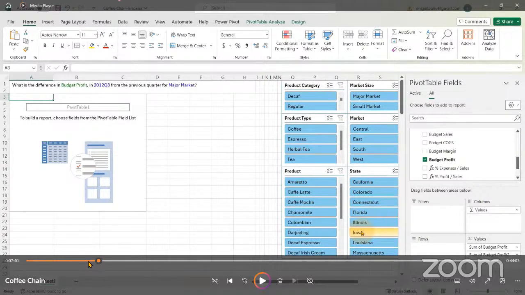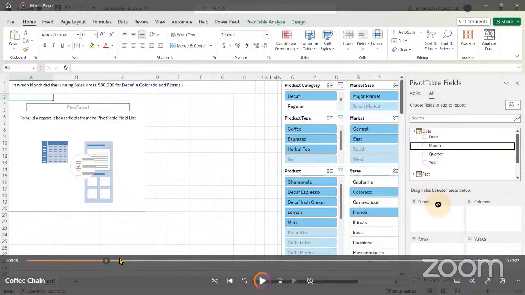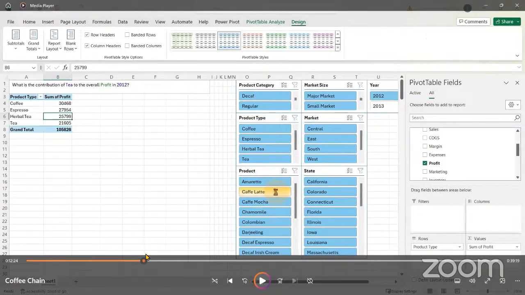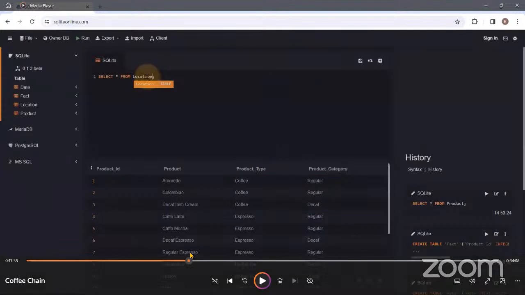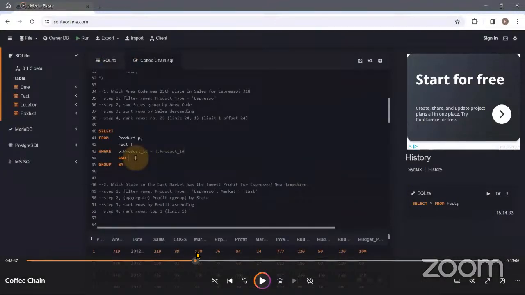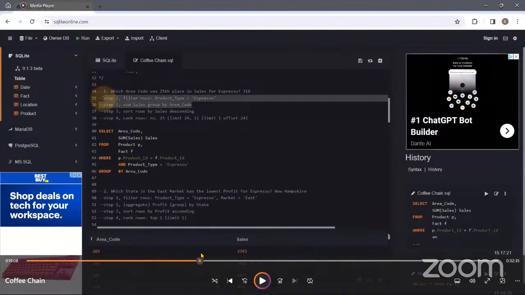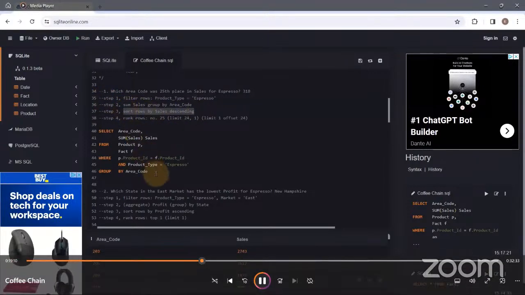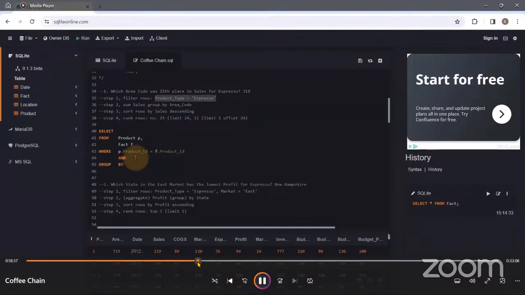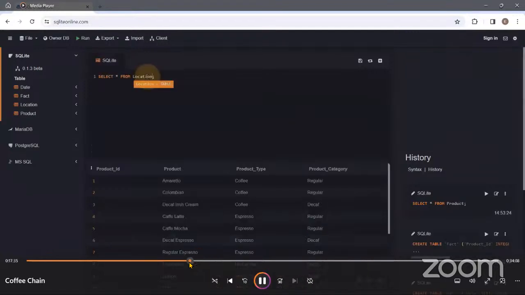So I'm going to fast forward. You will see we can solve the same kind of problem using SQL as well, but it's a lot more convenient. Okay. Step 3, sort rows. Maybe 2 questions.